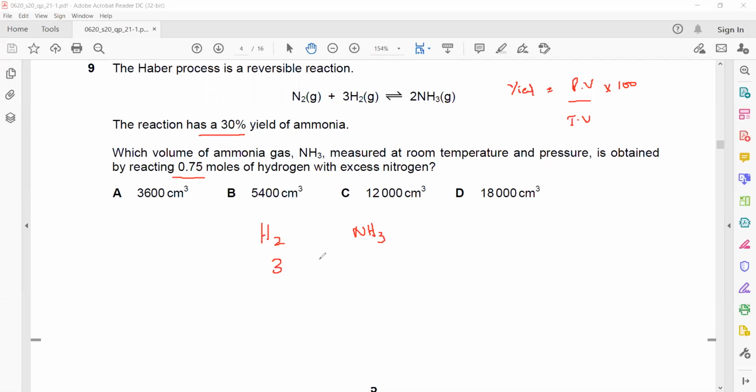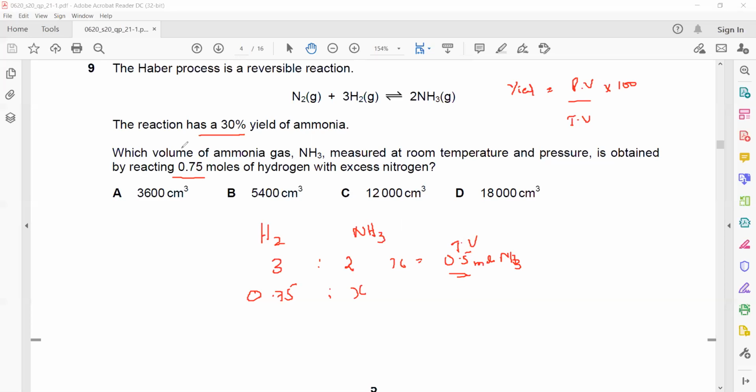The mole ratio is 3 to 2: 3 moles of hydrogen give 2 moles of ammonia. But in the question we have only 0.75. So if you have 0.75, how many moles of ammonia will there be? Cross multiply: 0.75 times 2 is 1.5, and 1.5 divided by 3 is 0.5. So 0.5 moles of ammonia is what we should get. That is the theoretical value.